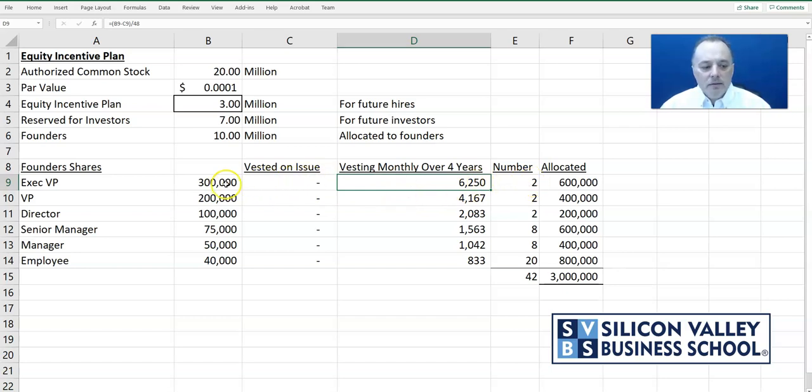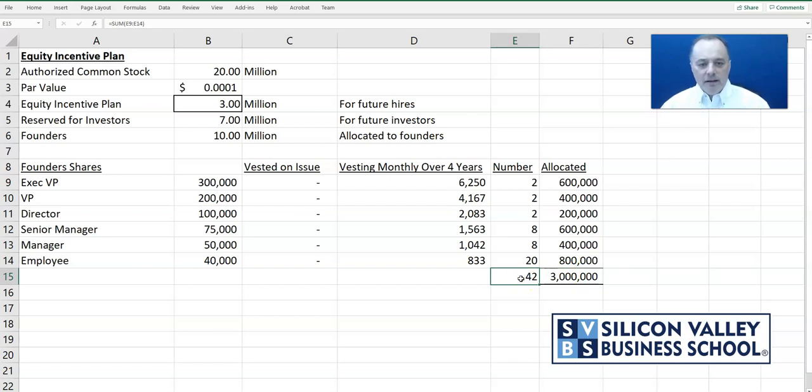So let's say the executive vice president might have 300,000 shares vesting at a rate of 6,250 per year over 4 years. Say there were 2 of those, and that uses up 600,000. So you can see how this works. We're using our 3 million shares here to hire 42 people.